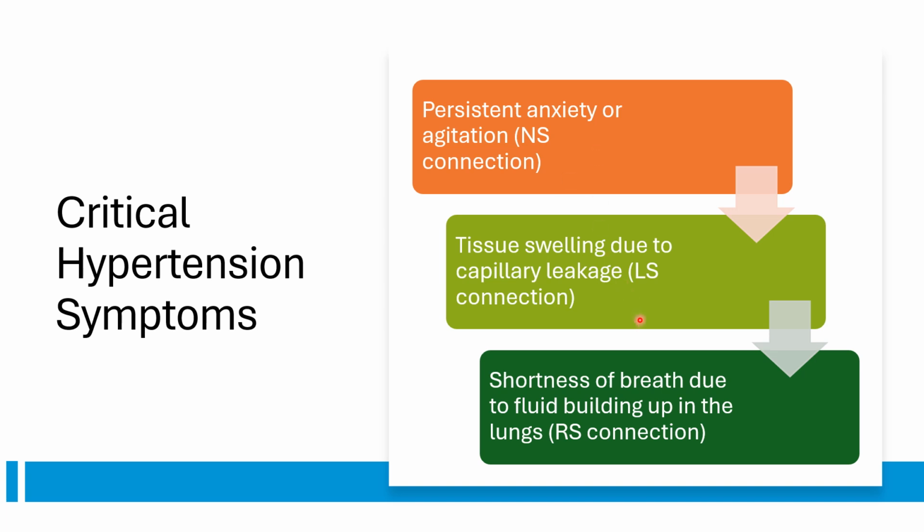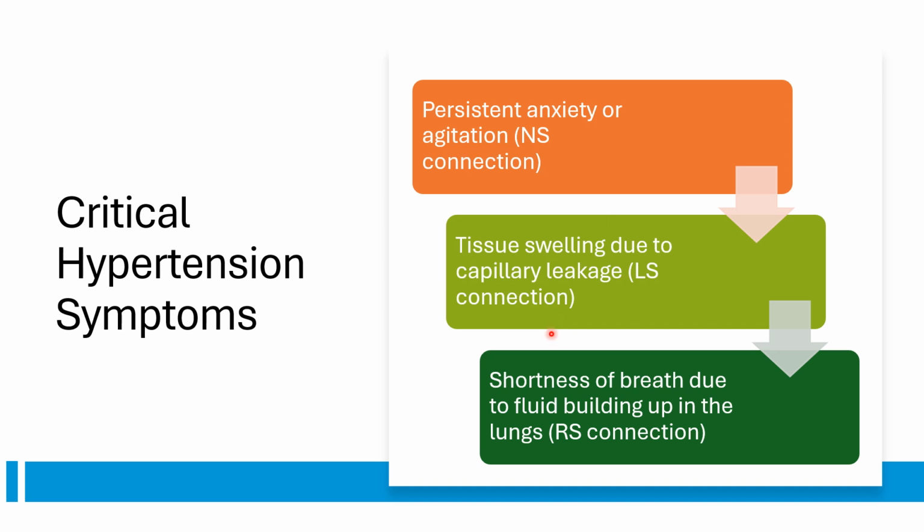Tissue swelling due to capillary leakage is going to be the lymphatic system connection, but that's going to be because of the incredibly high pressure in these very, very thin-walled capillaries. So there's going to be leakage of material from inside those thin, layered capillaries out into the interstitial space. That is taken up by the lymphatic system, which we'll talk about in one of the next chapters, and that leads to the swelling.